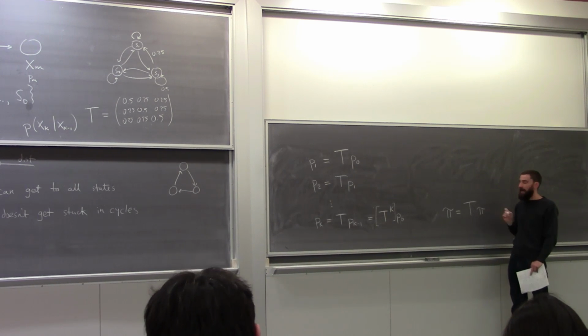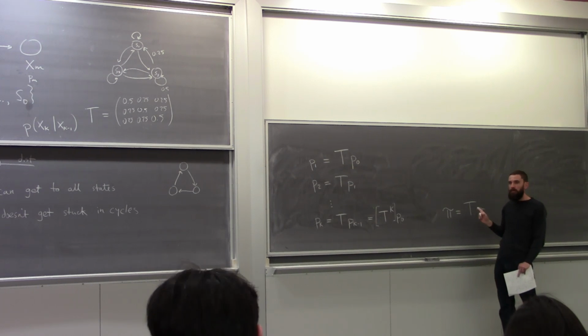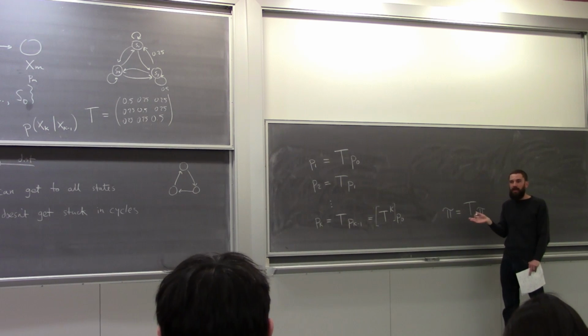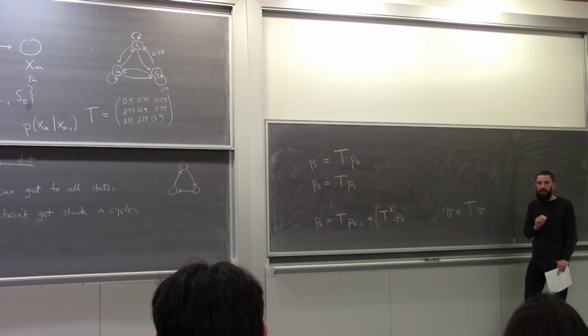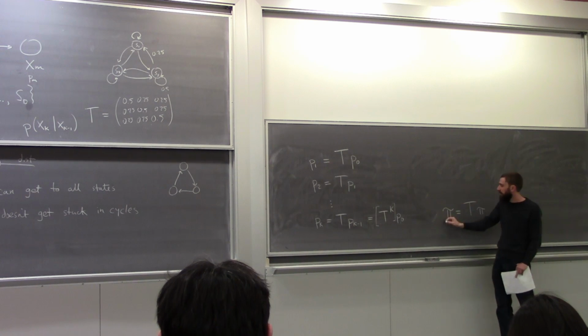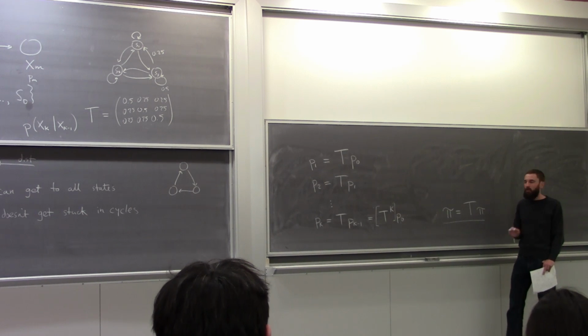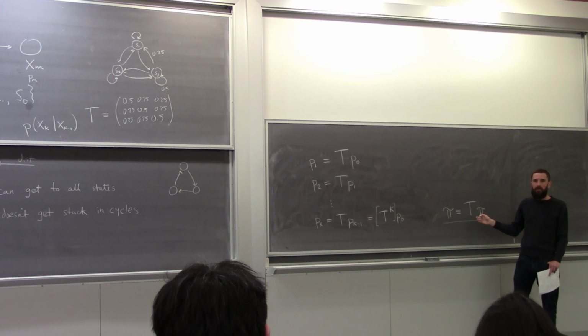Yeah, exactly. So pi is an eigenvector, and its eigenvalue is 1, right? So the statement that I want pi to be stationary is equivalent to saying I want T to have an eigenvector, let's call it pi, which has eigenvalue 1.